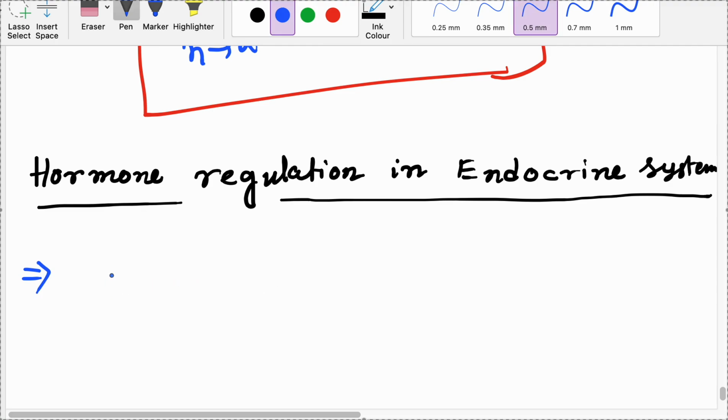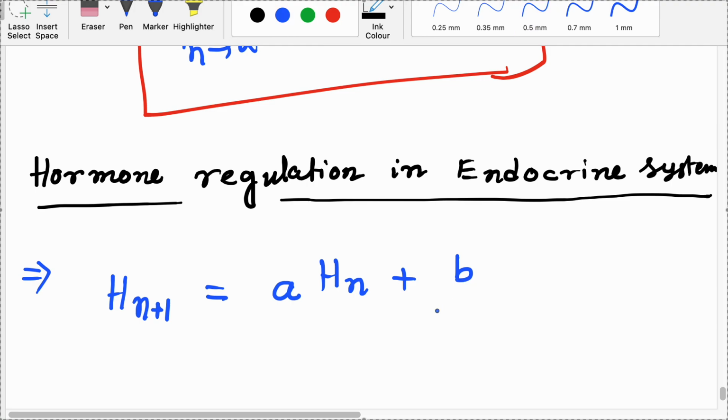Suppose I want to check the hormone density at the n plus 1th minute, it should depend on the hormone density at the previous instant, and on the base rate of secretion of the hormone.